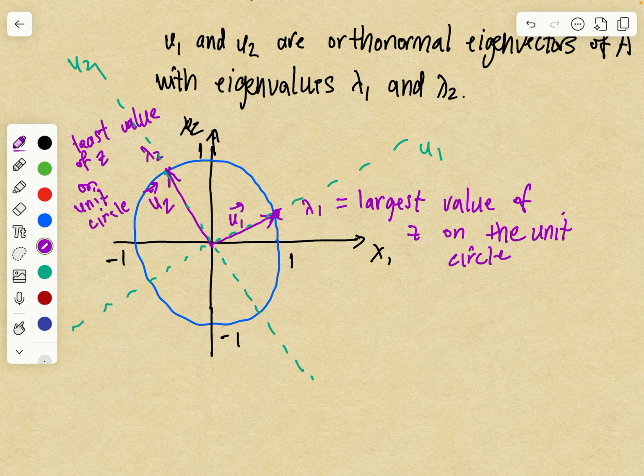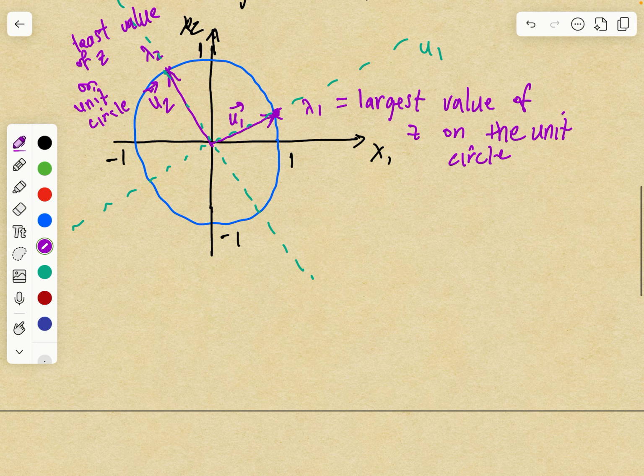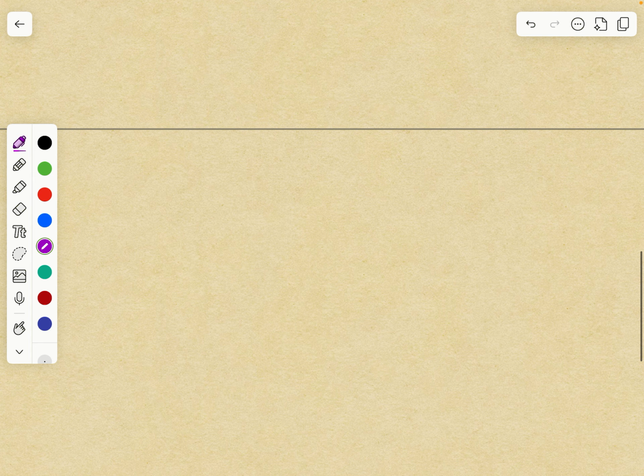If you have a 2x2 symmetric matrix, then the eigenvalues tell you the largest and smallest values of the quadratic form on the unit circle, and the eigenvectors u1 and u2 tell you where those eigenvalues occur. And we're going to apply this fact to a statistics example.